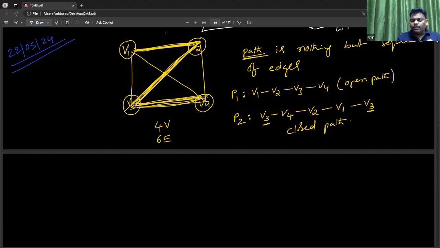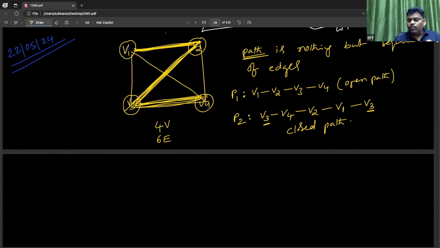Given graph contains how many edges? 6 edges. I am saying it contains 6 edges. Now, everyone observe.